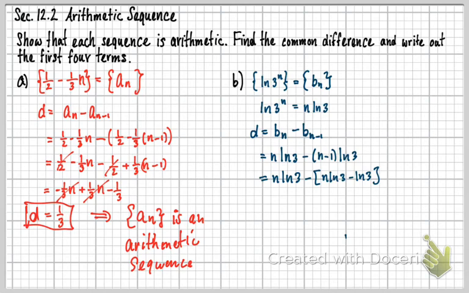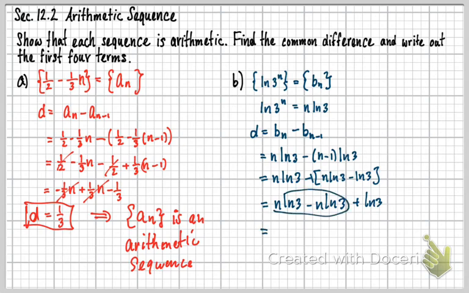Now I'm going to take care of this negative out there. And this is going to equal n ln of 3 minus n ln of 3 plus ln of 3. I have to make sure I multiply that negative through, and the second term is the one people would generally mess up on. So just be careful with your signs and distribution.